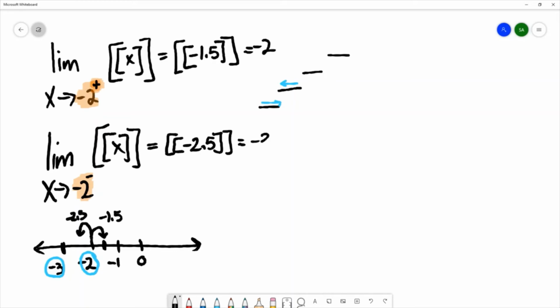So this limit would be negative 3. And then when you're looking at the overall limit, the limit as x approaches negative 2 of the greatest integer function, we can see that the one-sided limits are approaching different values, so this overall limit does not exist.